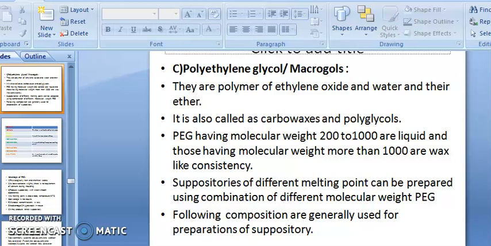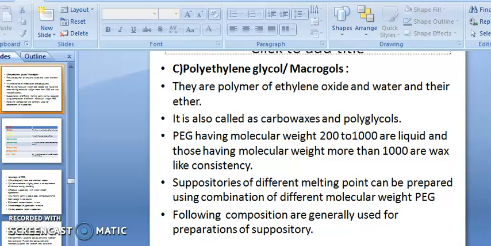Polyethylene glycols having molecular weight 200 to 1000 are liquid, and those having molecular weight more than 1000 have a wax-like consistency. Suppositories of different melting points can be prepared using combinations of different molecular weight polyethylene glycols.